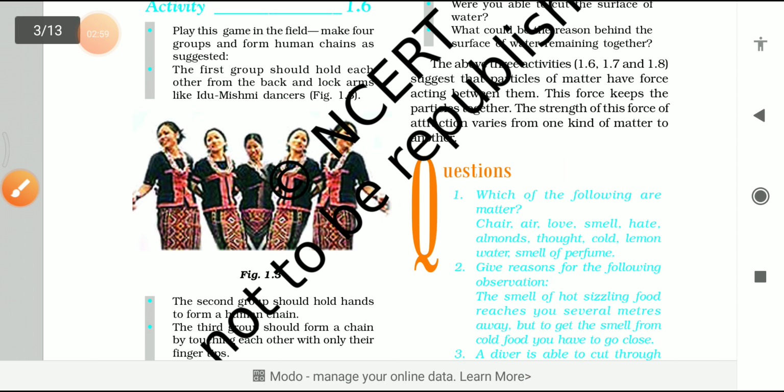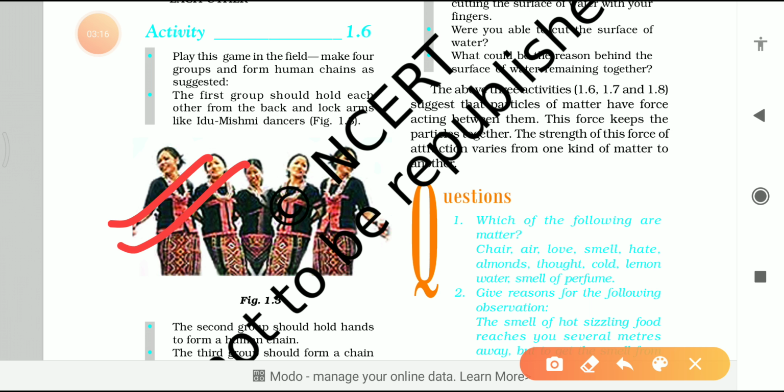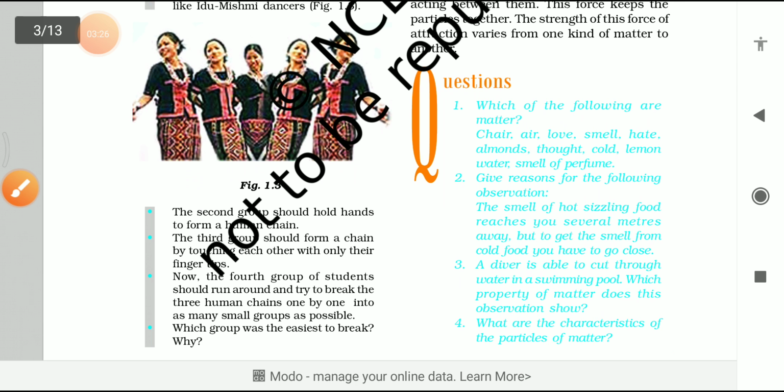Now see here, make the 4 groups. In the first group, students can hold hands from the back and lock arms like this. This is the first group. In the second group, they can hold hands and form a human chain.